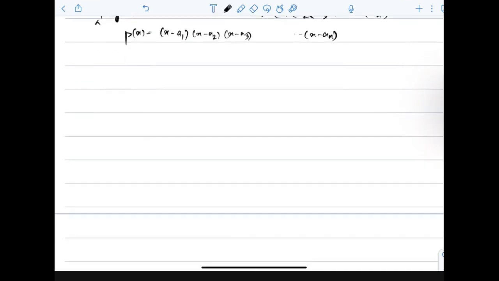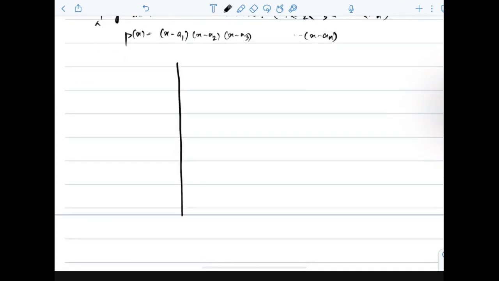So if you try to draw this function, you know that let's say a1 is here, a2 is here, a3 is here, a4 is here, a5 is here, dot, dot, dot, a(n-1) is here, and an is here.